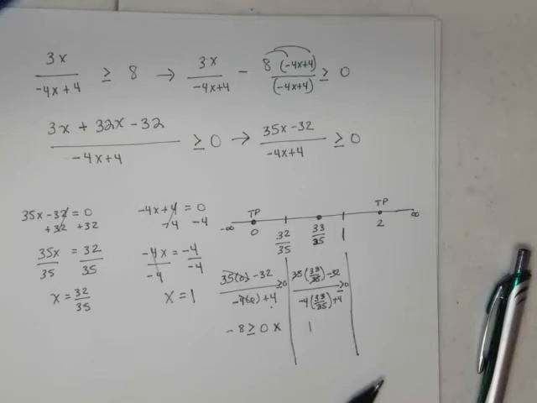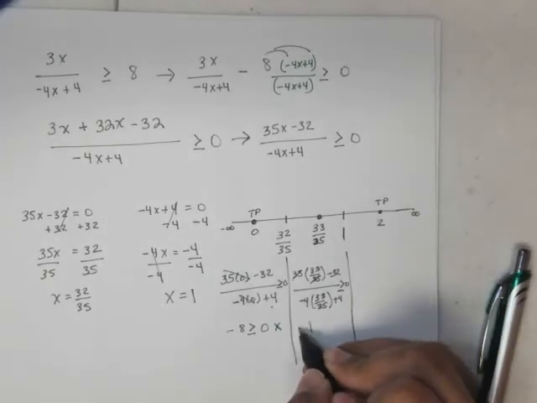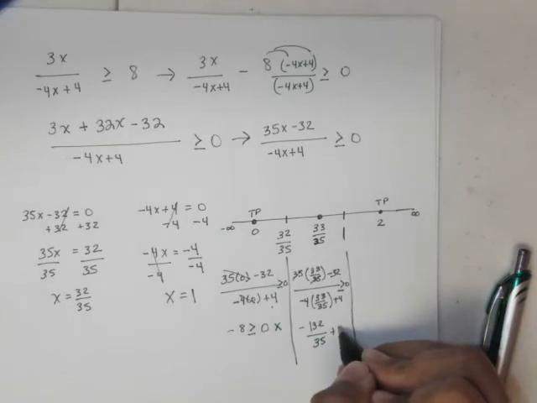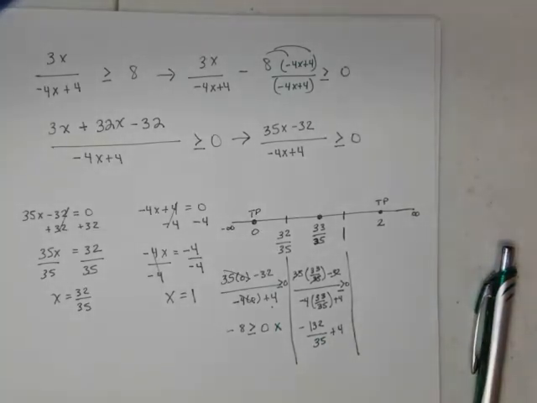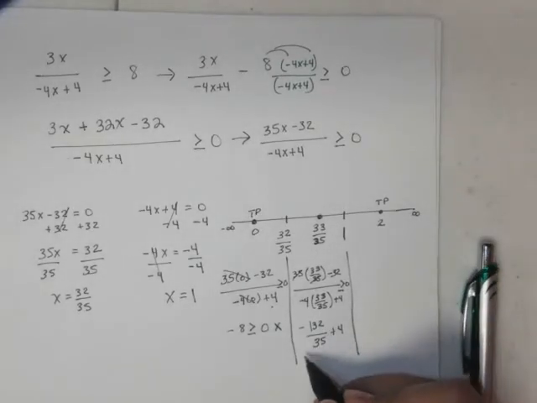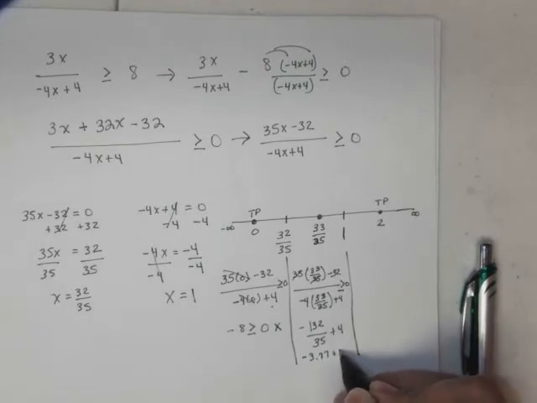What is negative 4 times 33? It is negative 132 over 35 plus 4. Okay, so 132 over 35 is approximately negative 3.77 if you wanted to give it as a decimal.